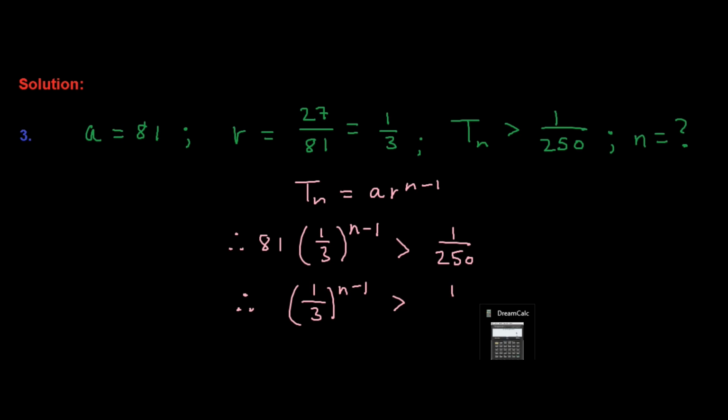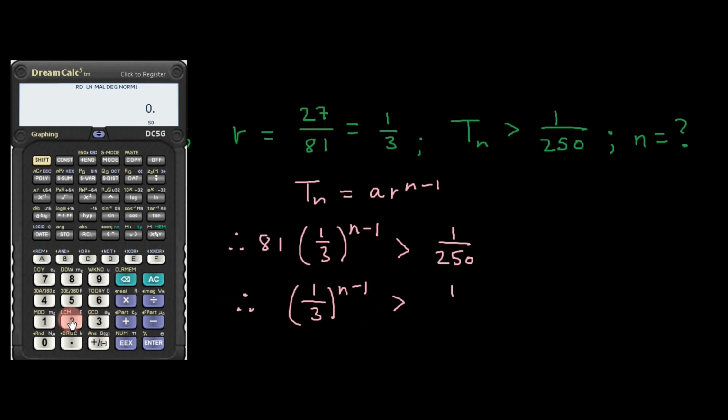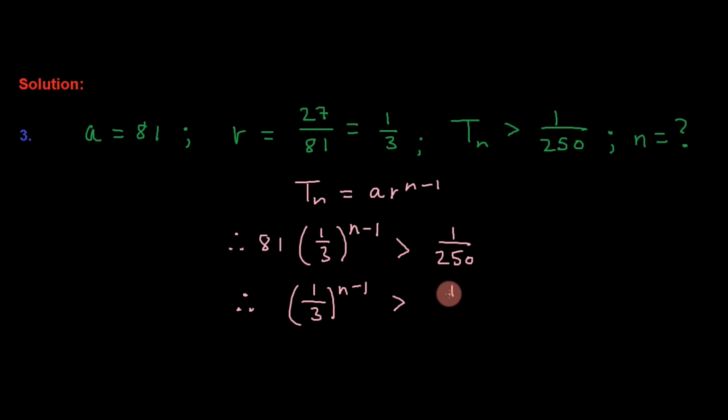So let's see what that comes to. So it's 1 over 20,250. Of course, what we're doing here is taking 1 over 250 divided by 81, which is the same as multiplying by 1 over 81.